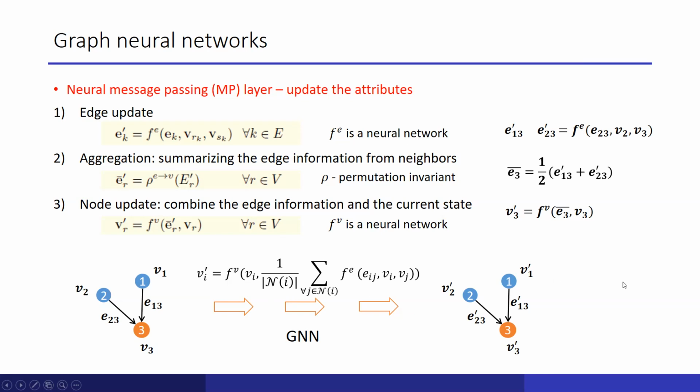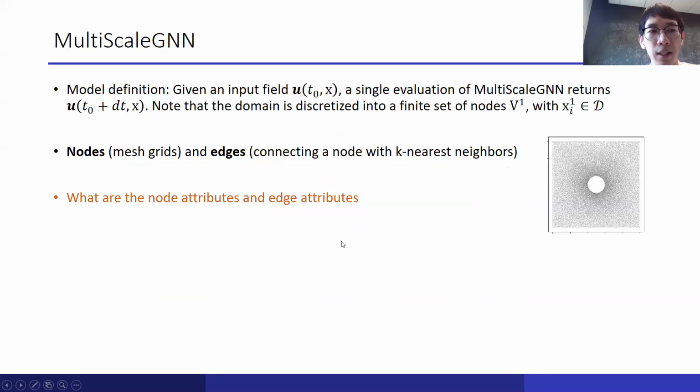Okay, now let's go back to the model proposed in the paper. As we mentioned, the idea is, given an input field U, a single evaluation of the multi-scale GNN returns U for the next time step.